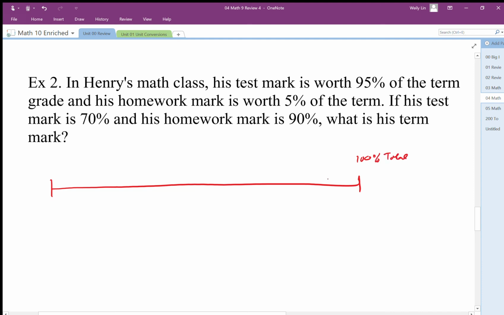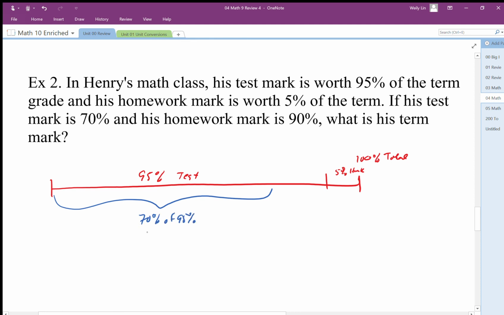We know that 5% is homework, and we know that 95% is test. So of this 95%, he got 70%. His test mark is 70%. So we need 70% of that 95%.